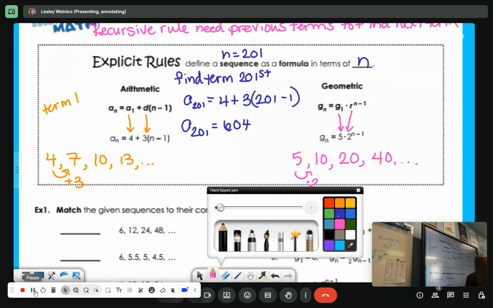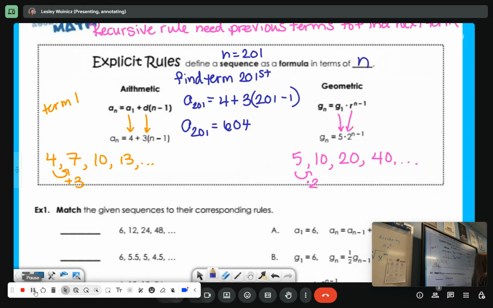Pick an n that is above 10 and less than 20. Okay, 15. Then I can say g sub 15 equals 5 times 2 to the 15 minus 1.